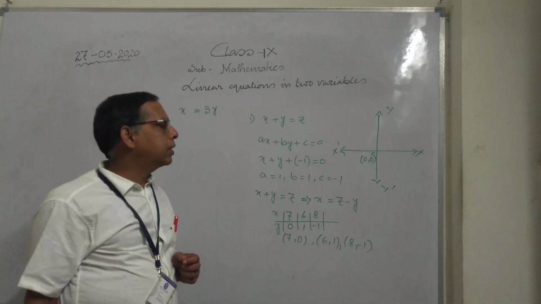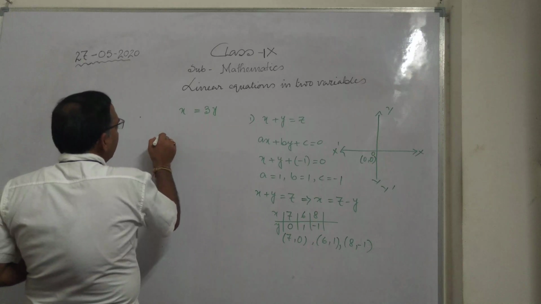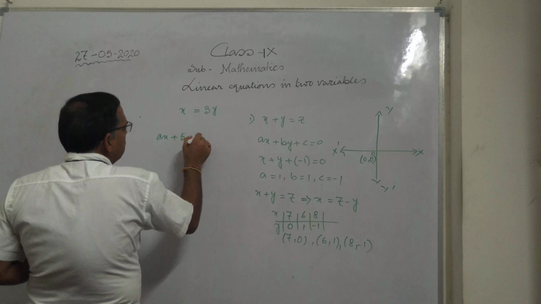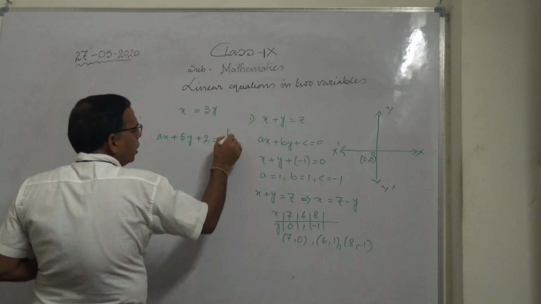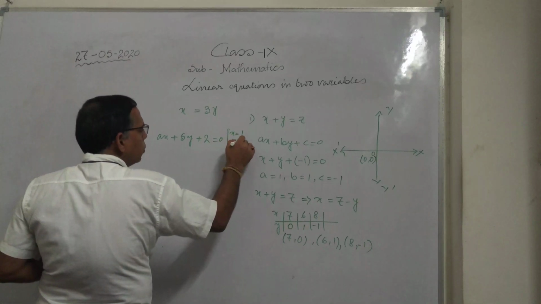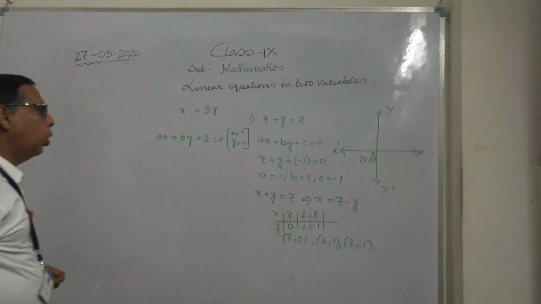Next we have seen that suppose ax plus 5y plus 2 equal to 0 and x equal to 1, y equal to minus 1, then what is the value of a?